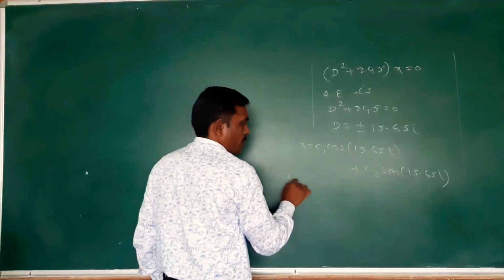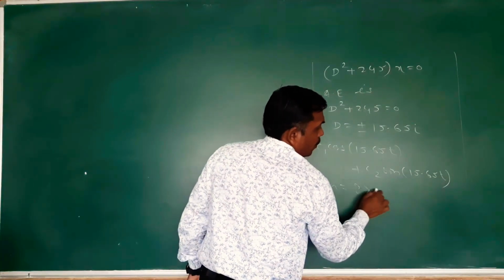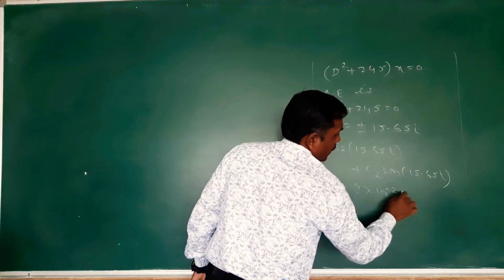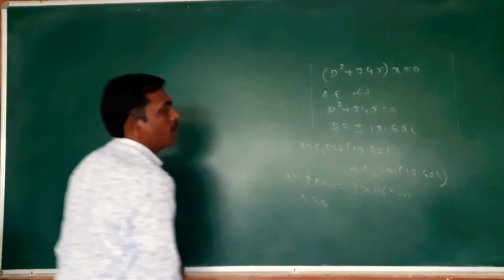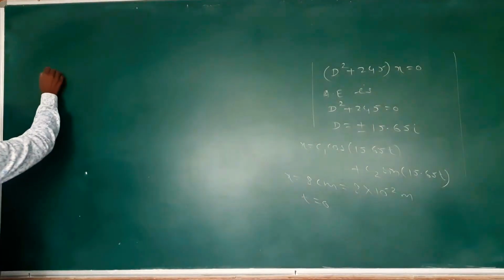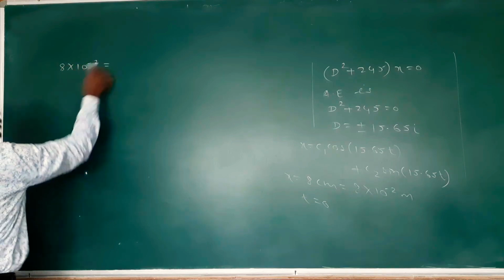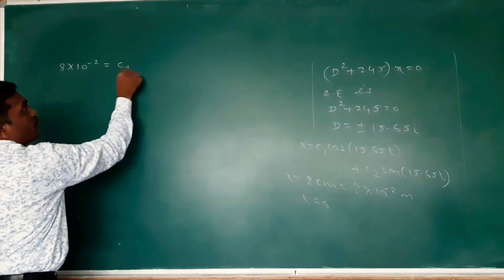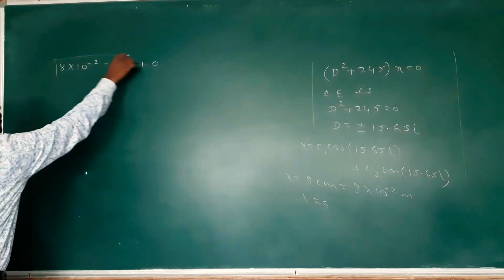So x is 8 centimeter, means 8 into 10 raised to minus 2 meter, and t equal to 0. Substitute here. So here I get 8 into 10 raised to minus 2 is equal to C1, since cos 0 is 1 and sin 0 is 0. So this is the value of C1.